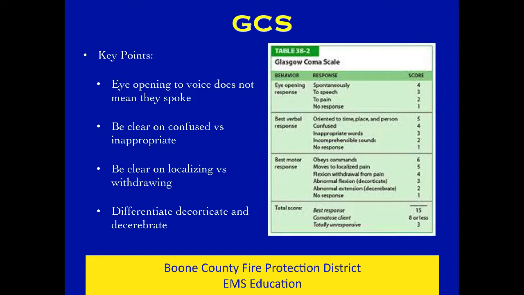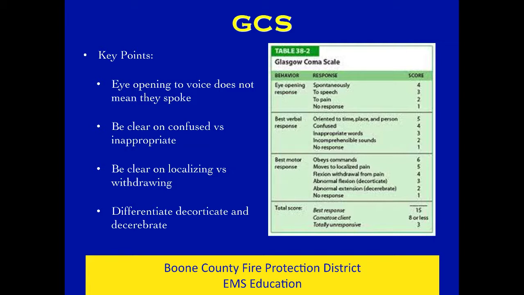On the best motor response, be clear on what you are seeing there in terms of localizing or withdrawing, and then also be able to differentiate decorticate and decerebrate. And this chart shows you pretty well. So if you pinch the patient, put nail bed pressure to the patient, and he pulls away from that with that hand, he has localized the pain to the hand where you place the pain.